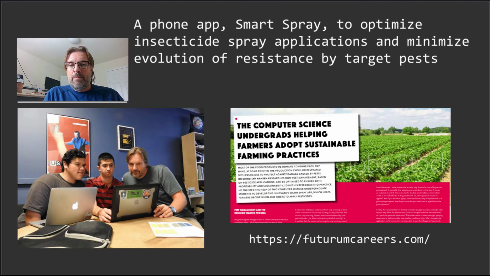So we wrote an article about computer science undergrad students and how they got involved in agriculture. So there's an outlet here that really helps promote them and also illustrate this interesting multidisciplinary research program we were able to put together, where computer science and bioengineering and hopes to develop tools so that we can use pesticides more smartly all came together in one project.